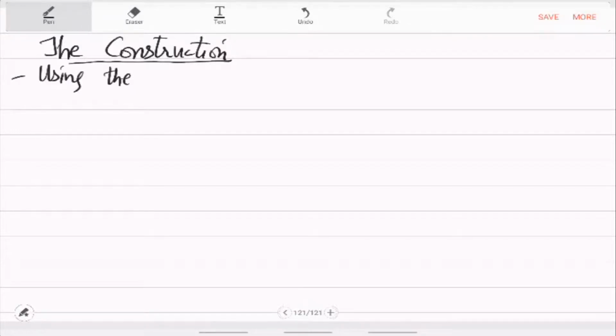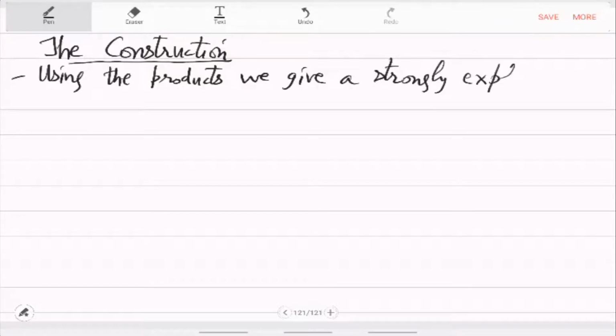So, using these products, we give a strongly explicit construction or family of expanders.